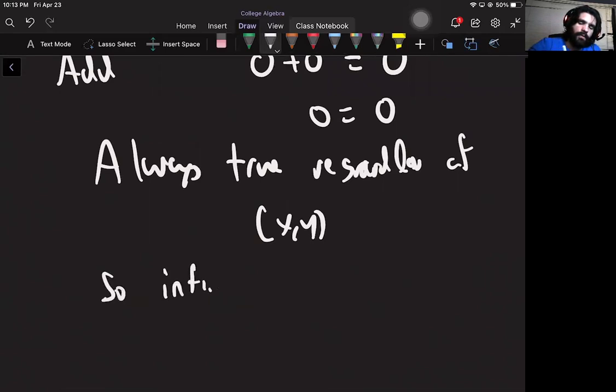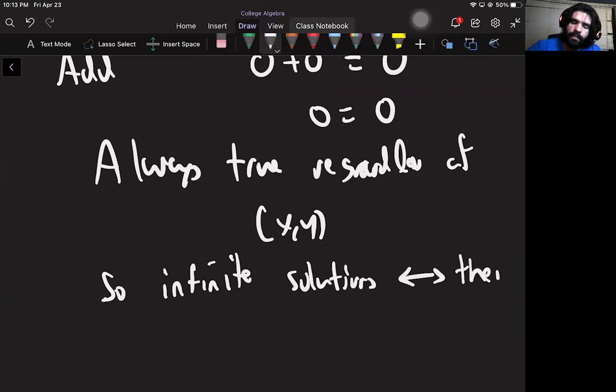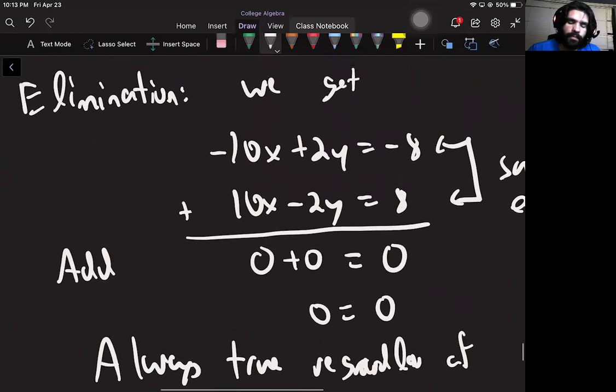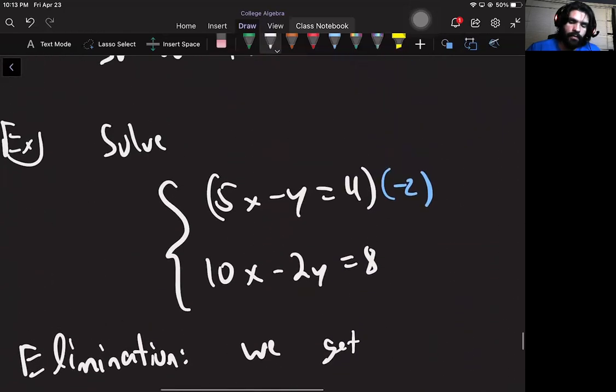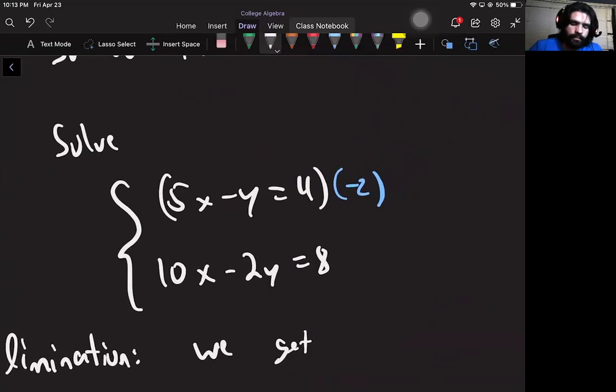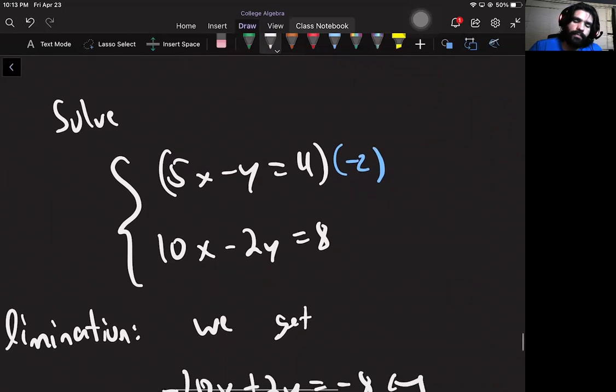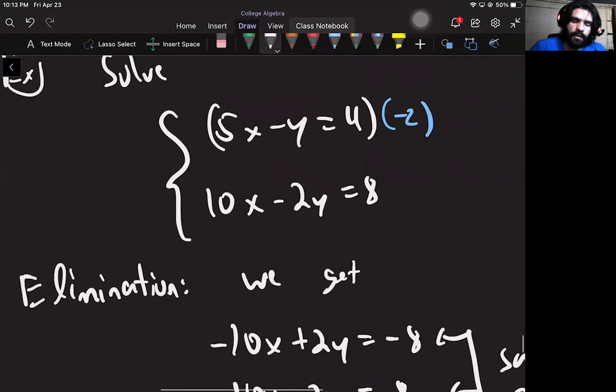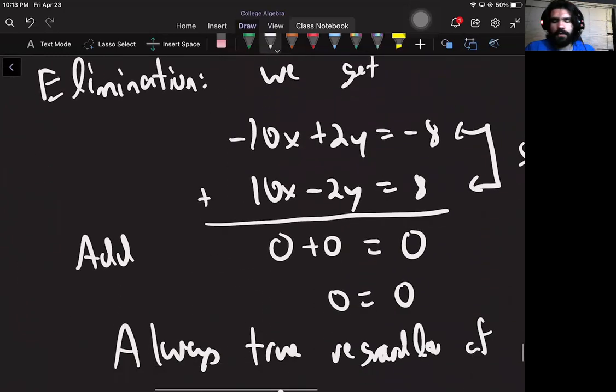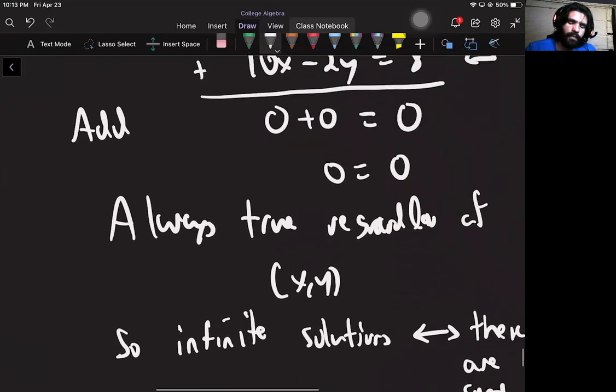So infinite solutions, which also means that these are the same equation. They're just secretly written differently, which is the second equation is just 2 times the first equation on both sides. So when they are actually the same equation is when you get infinite solutions, and you don't have to write them out.